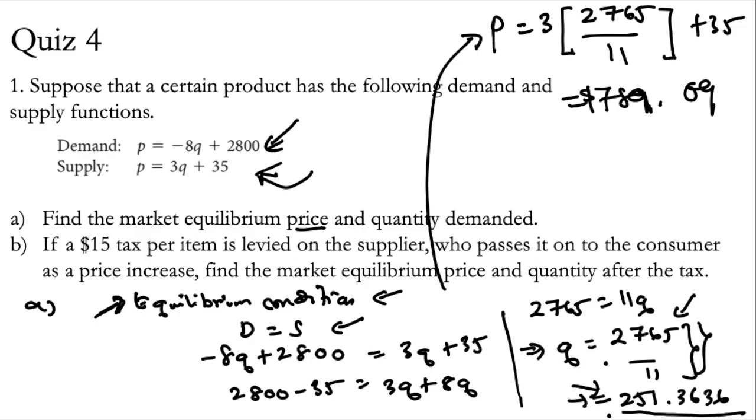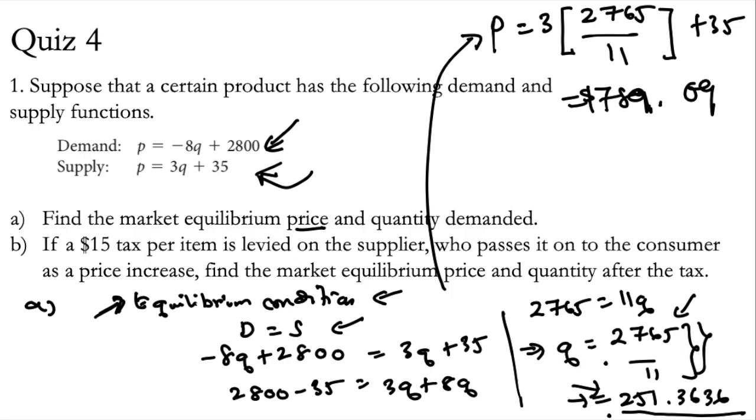Now, if we look at question B here, if a $15 tax per item is levied on the supplier, who passes it on to the consumer as a price increase, find the market equilibrium price and quantity after tax.